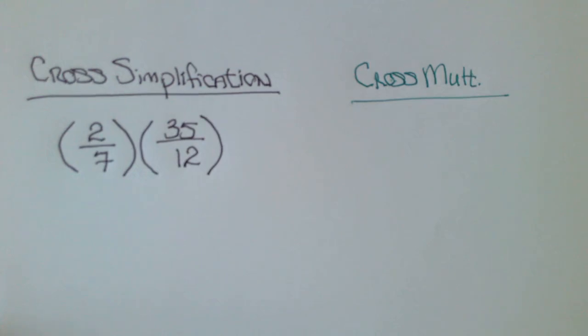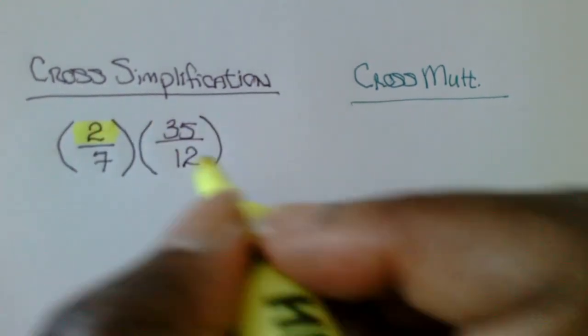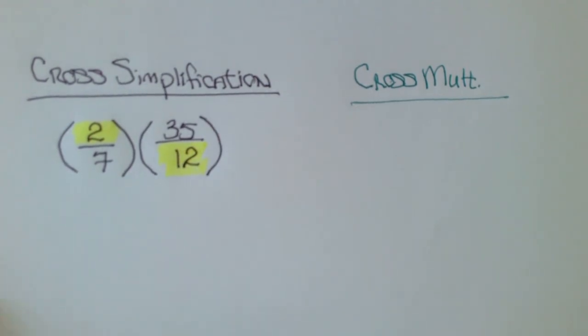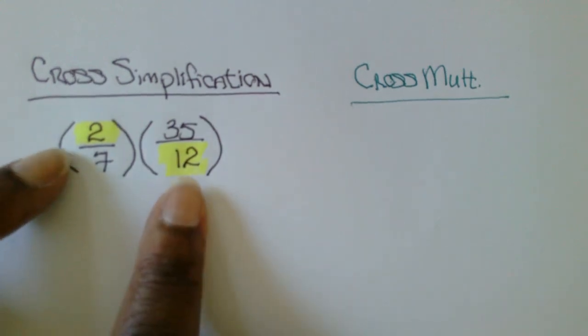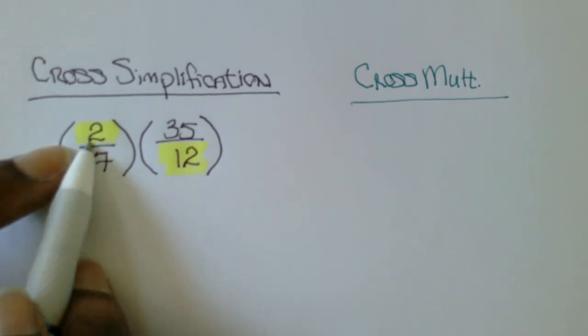The way that you cross-simplify is you're going to have a number in the numerator of one of your ratios compared to the denominator of the other ratio, and see if they have something in common. When they do, you're going to use what they have in common to divide so you can reduce your numbers to lower terms.